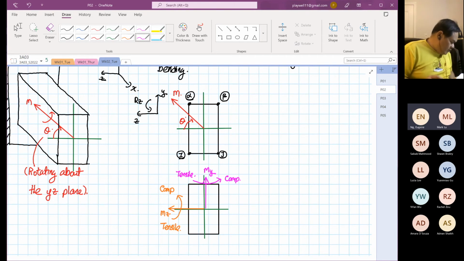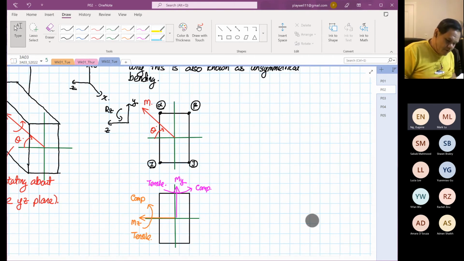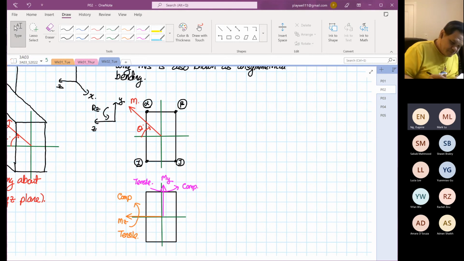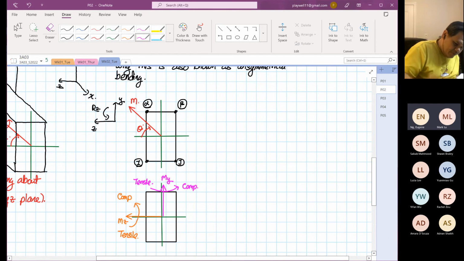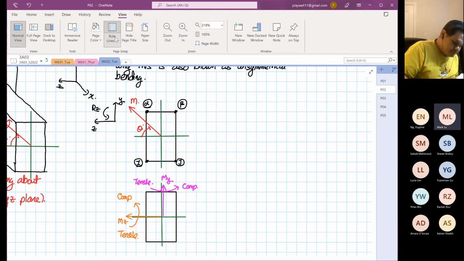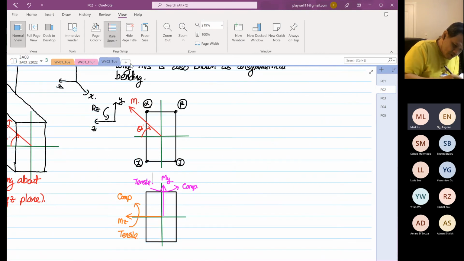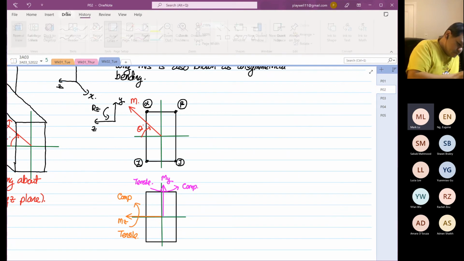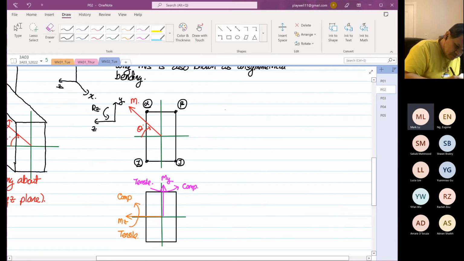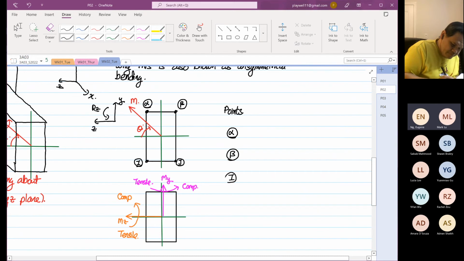So now, if we are going to look, I'm going to create a table. Okay. So the table is we are going to have a point alpha. Okay. We're going to have points alpha, beta, I, and j. Okay.